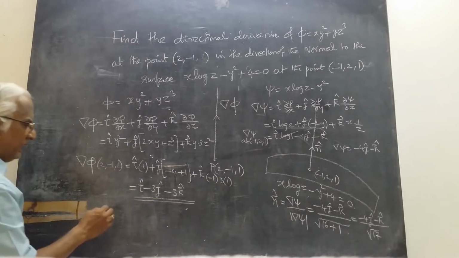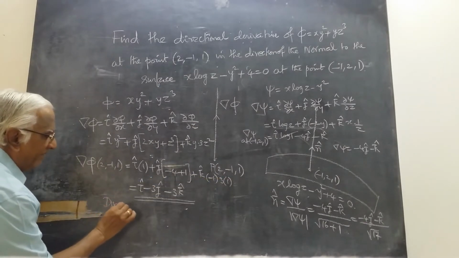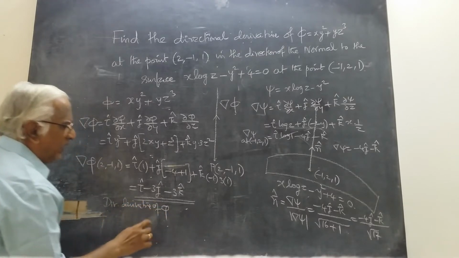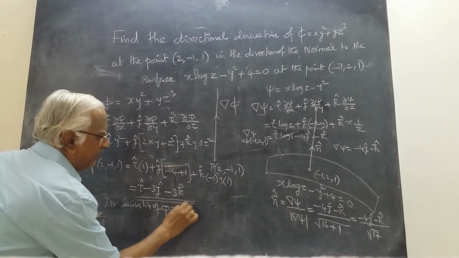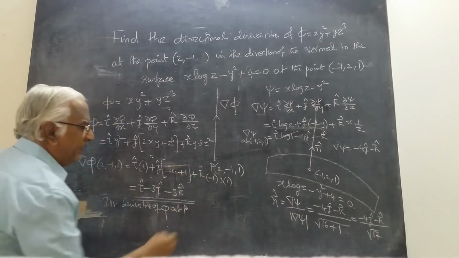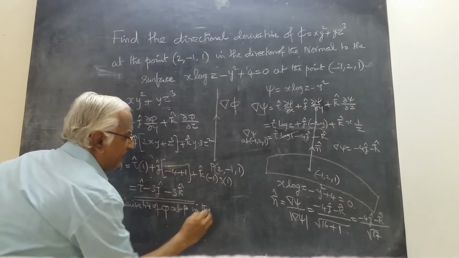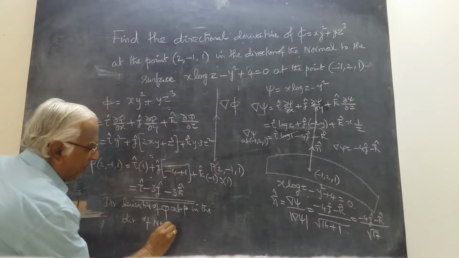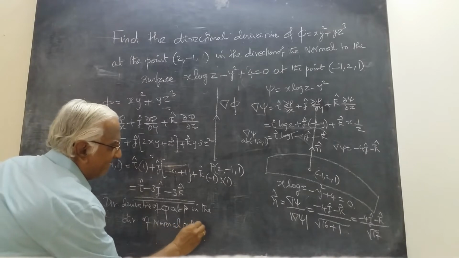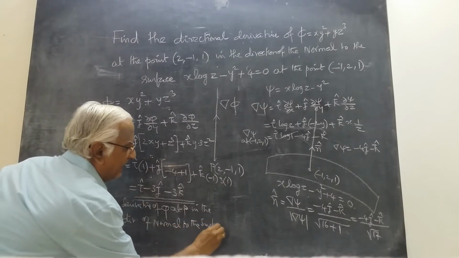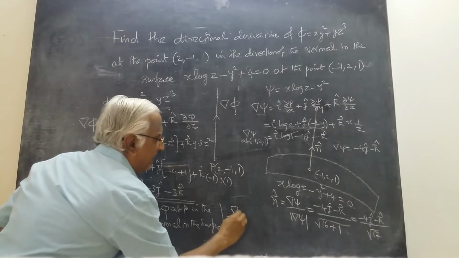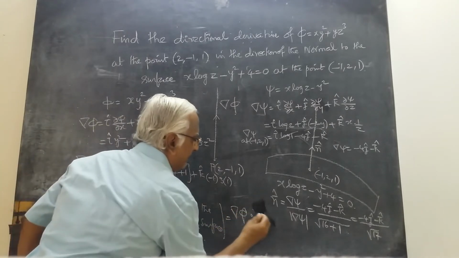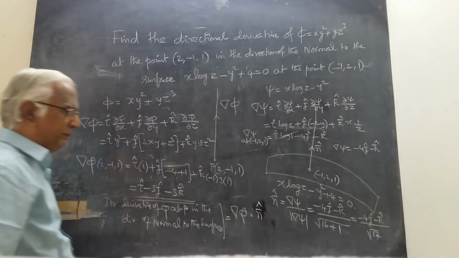So the directional derivative of phi at P in the direction of the normal to the surface is del phi dot n unit.